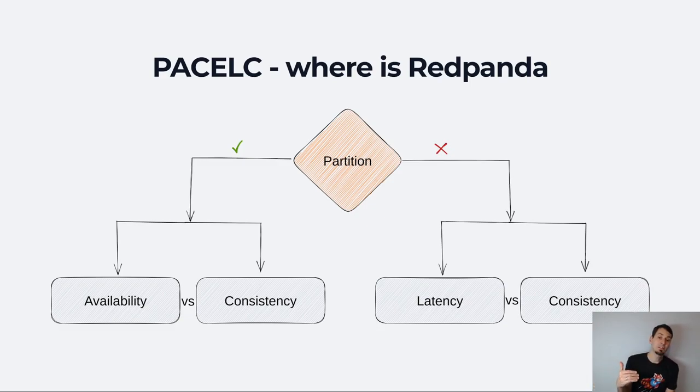But with adding the read-only non-voting replicas that I mentioned before, we will give users the ability to trade consistency and actually be able to be available and have less latency.